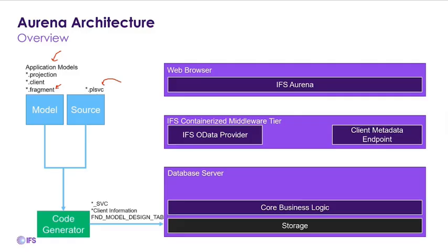So this plsvc is actually a source file, right? Once we have done with this part, we will be generating the code through the code generator. When we generate the code, now you know that there will be a PLSQL package generated and there will be client metadata generated, right? Those things will be saved to the database or the storage.